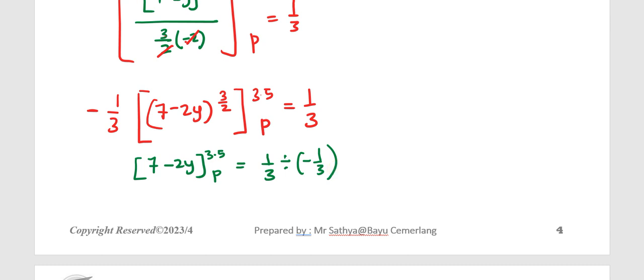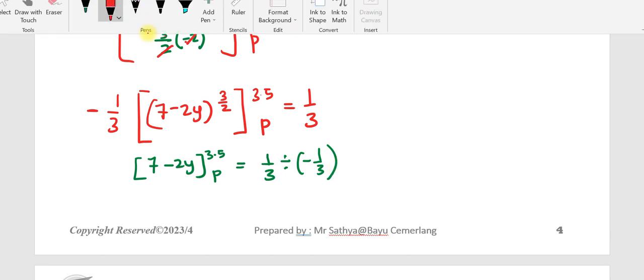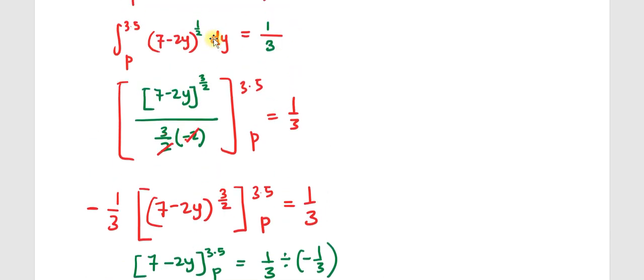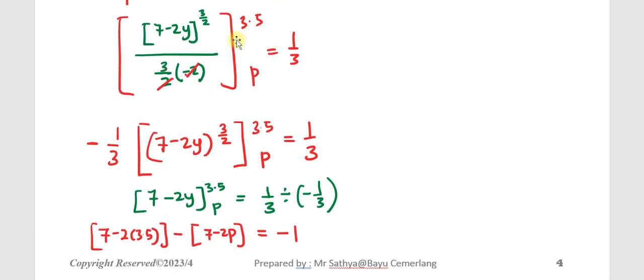So, kita cuba darab. Masuk dalam. Okay, 7 minus 2 times 3.5 minus 7 minus 2p equal to 1/3 divided by negative 1/3, you akan dapat negative 1. Okay? You sudah buat sampai sini. Bagus apa? Okay?